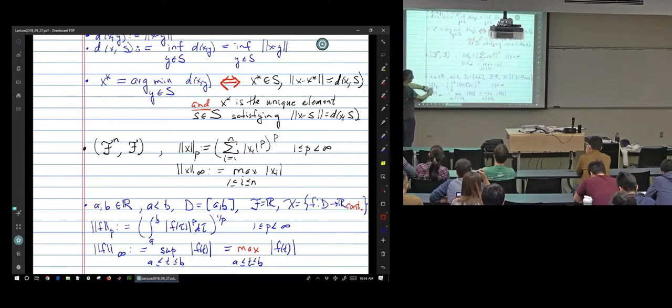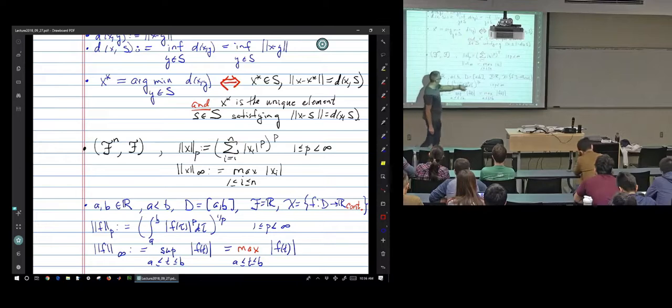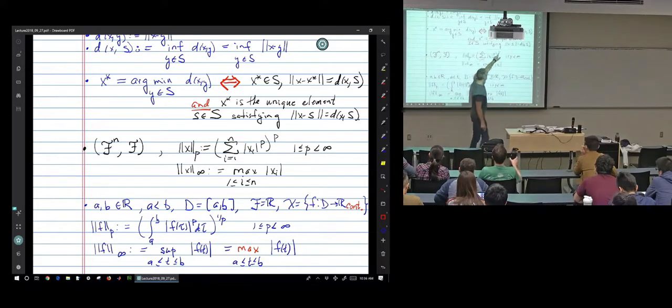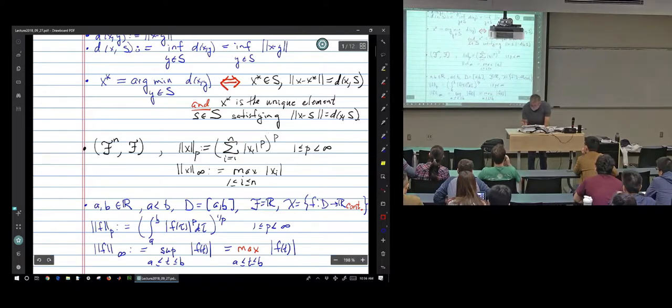Then the p-norm on functions is the same thing as here. Instead of a sum, it's an integral. That's what an integral is, to the pth power. And then you take the pth root. Whoops, there should be a 1 over p there.